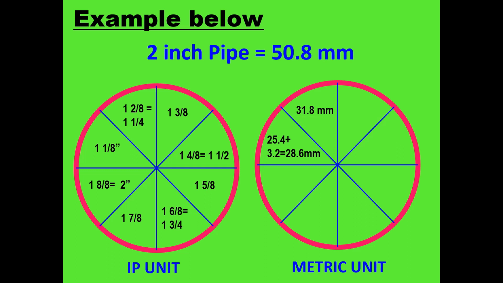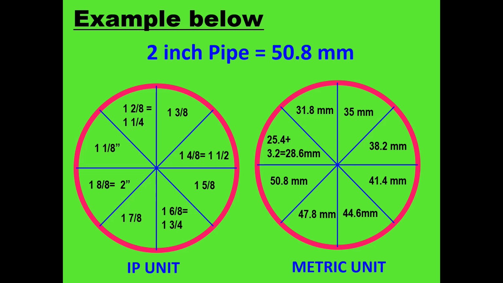For the next size, add 3.2 mm. Next one is 31.8 mm, then 34.9 mm, next 38.2 mm, and next 41 mm, followed by 44.6 mm. Next 47.8 mm, finally 50.8 mm, which equals 2 inches.